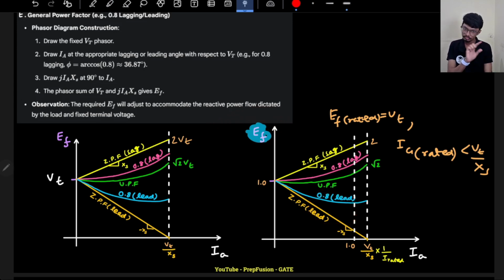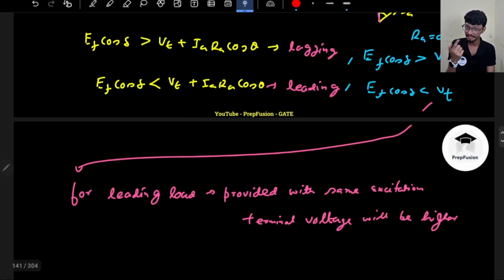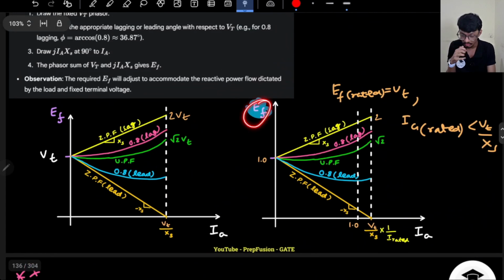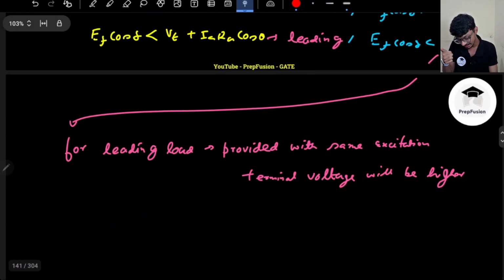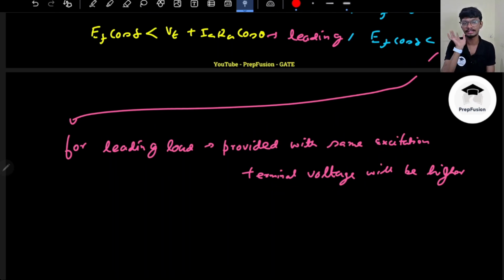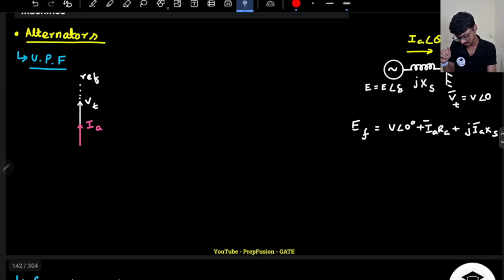It is saying the same thing only. Here I am saying I require less excitation to provide the same terminal voltage. Here I am saying if the excitation is the same, then the terminal voltage will be higher for the leading load. Okay, rewind, re-listen to it. I hope you will get the point. Whatever I've discussed is the same thing written over here.